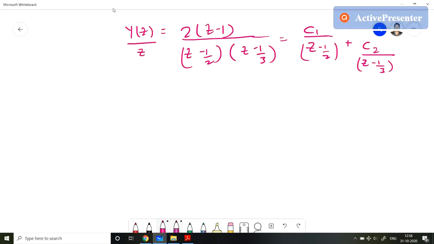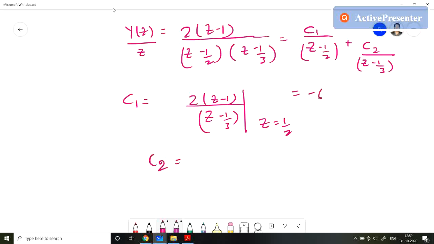Now we can find out the value of C1 and C2. So C1 is equal to 2z minus 1 over z minus 1 by 3, evaluated at z equal to 1 by 2, and the value is minus 6.